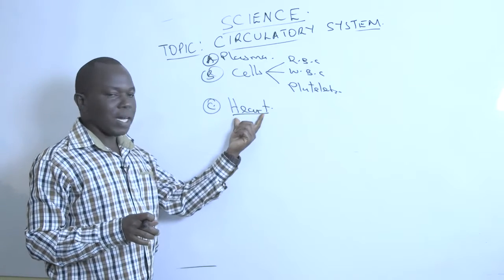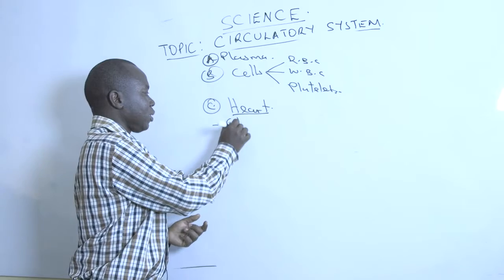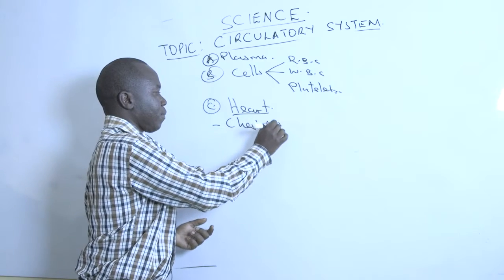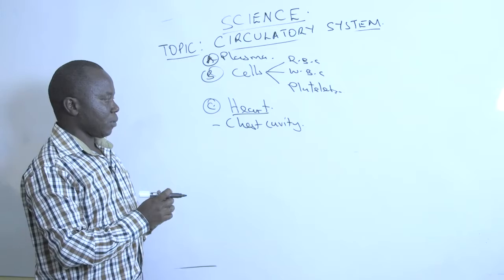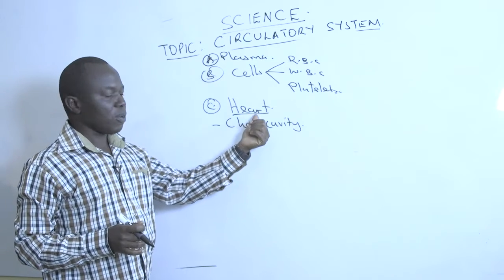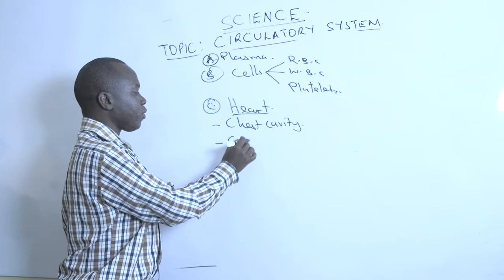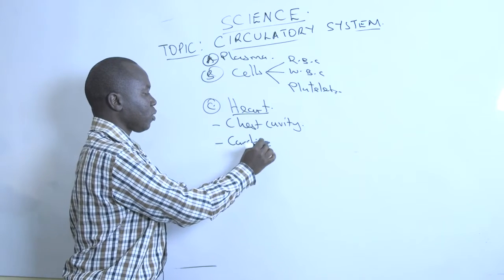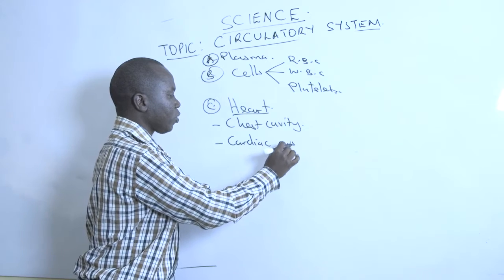We know where the heart is situated. The heart is found in the chest cavity. But the nature of the heart itself is different from other organs. The heart is mainly made up of muscles called cardiac muscles or tissues.